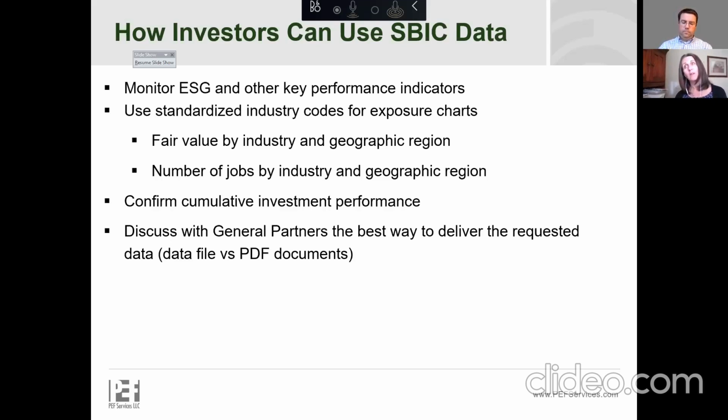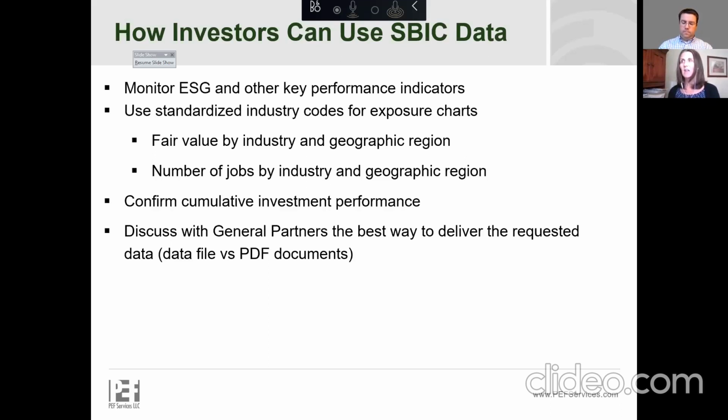When it comes to the fair value by industry and geographic region, a lot of the LPs are tracking this across their portfolios, so they can determine their exposure to certain industries and certain regions, which I think everybody was really scrambling to do about a year ago, when certain industries were much more affected by the pandemic than others, and certain geographic regions as well. If they weren't tracking that information, they definitely started to track it by that time, and they are tracking it.